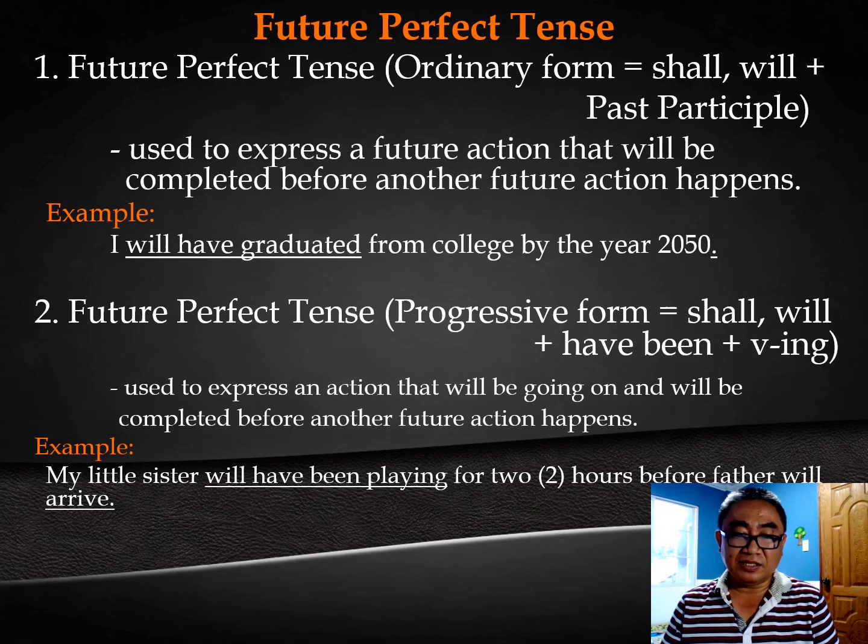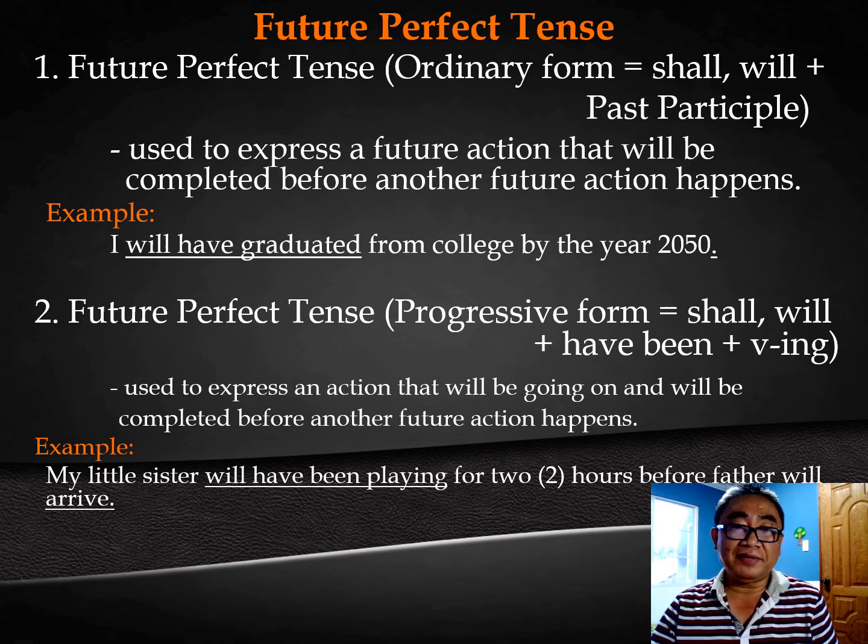Future perfect tense of the verb. This is formed by using will and have plus the past participle, which is used to express a future action that will be completed before another future action happens. So, I will have graduated from college by the year 2050.